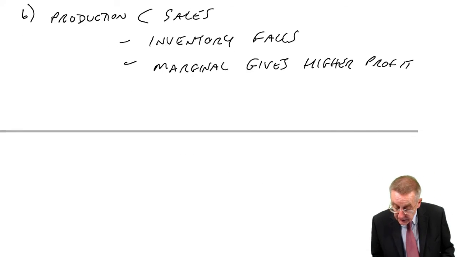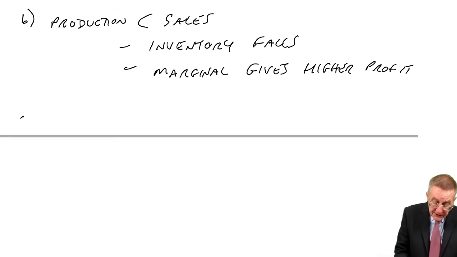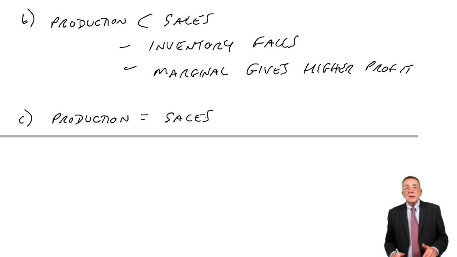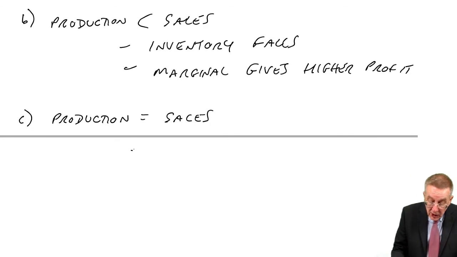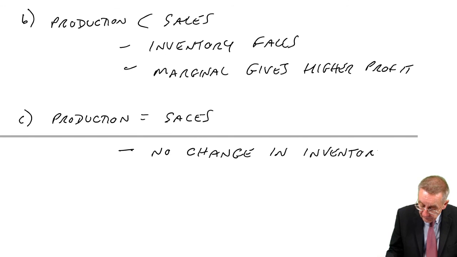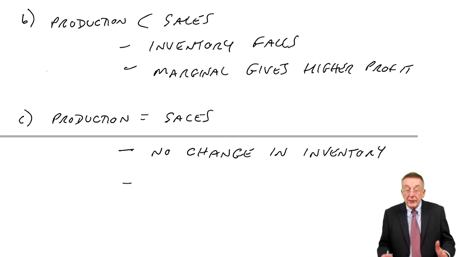Finally, I said, we always get different profits. In fact, there's one case when you don't, which is C. If production equals the sales, well, of course, if you're selling exactly the same amount as you produce, there's no change in inventory. And if there's no change in inventory, well, there'll be no difference in the profits.